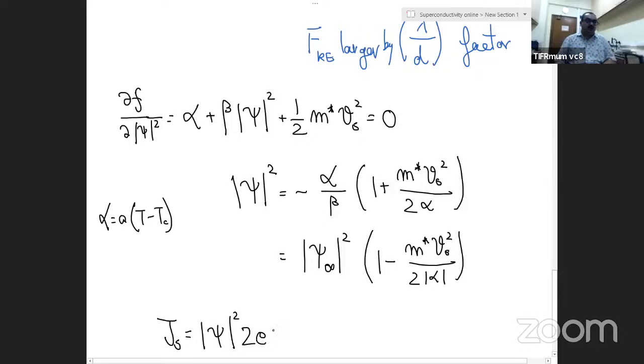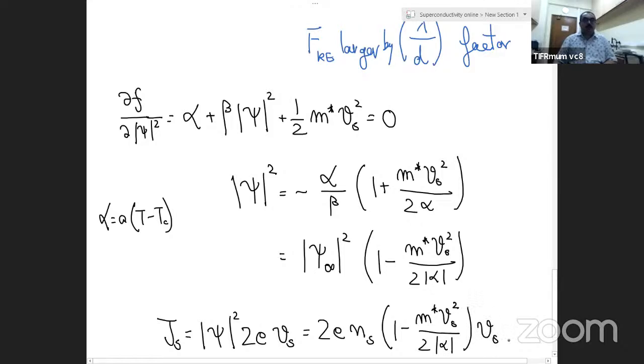E star I can write as twice e and vs. So therefore I put the psi mod square from here, and what I get is twice e ns into 1 minus vs square by twice alpha into vs.